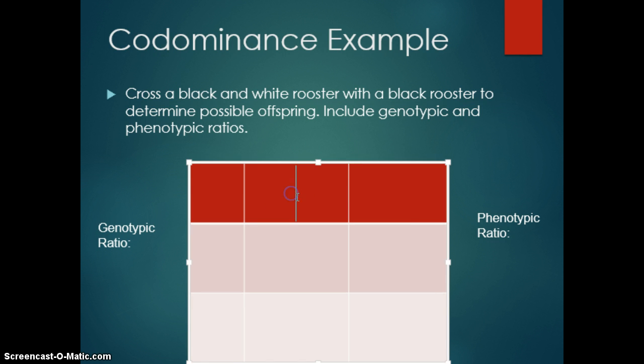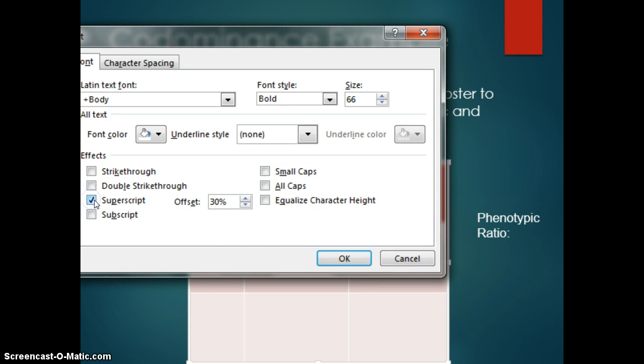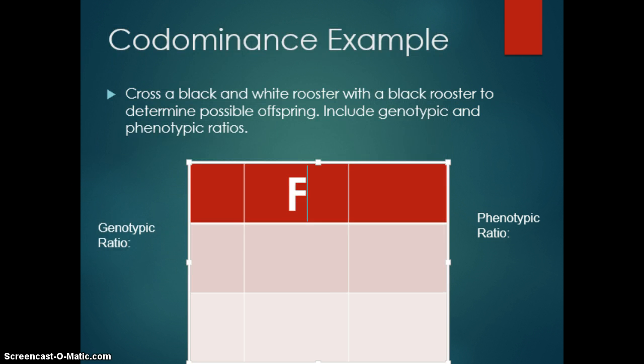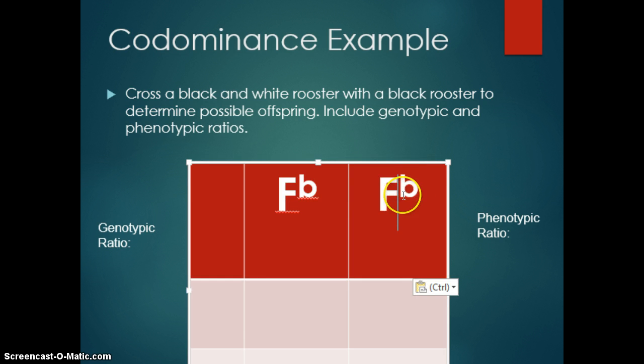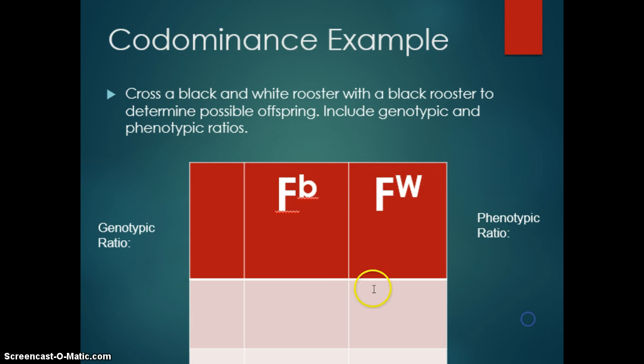So again, if we have a black and white rooster and we are going to cross it with a black rooster, this is how we're going to write it. So let me get this out of here for a minute. If we're looking at what we had before, if we had something like this for the black, and our white, we are going to see a white like that.